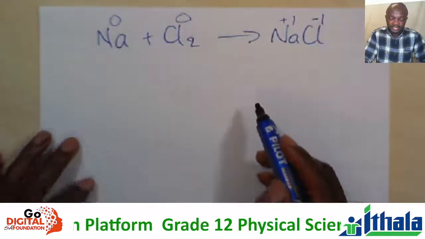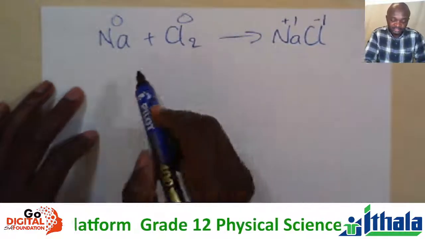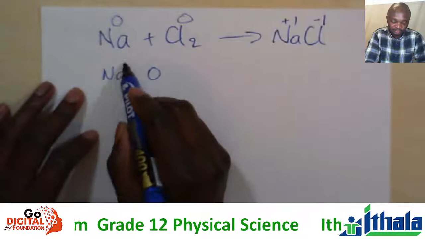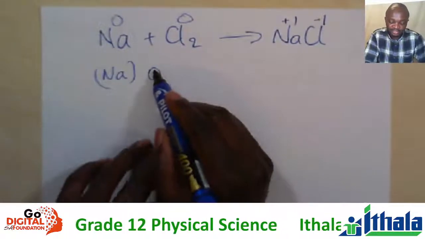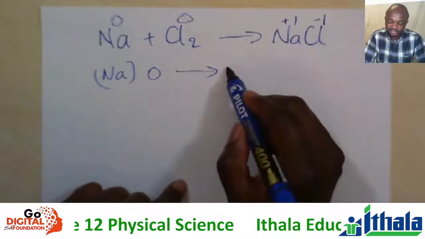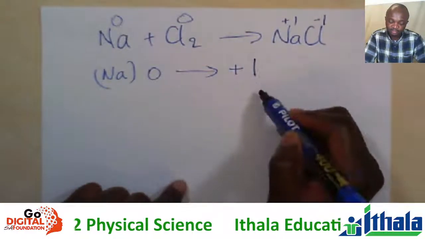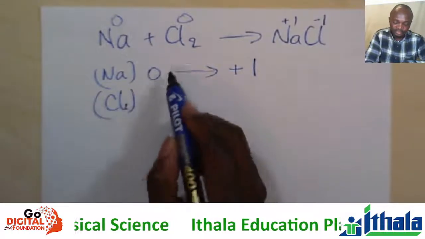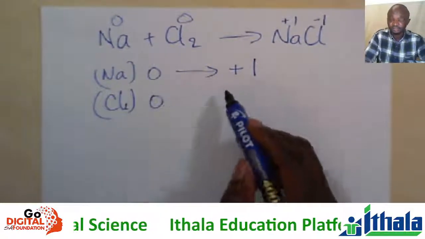Right. Now, before a reaction, sodium was at 0, right? In sodium, the oxidation number was 0. After a reaction, the oxidation number of sodium is positive 1. Let's look at chlorine. The chlorine oxidation number before the reaction was 0.